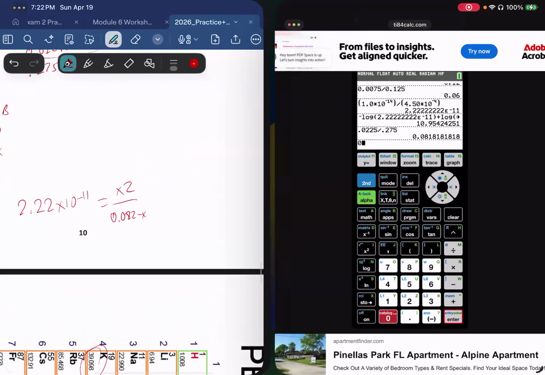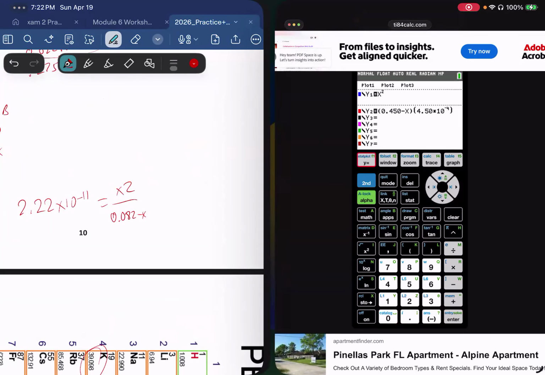Right? And then we have to put this into the calculator. So let's put this there. We do 0.082 minus X times 2.22 times 10 to the negative 11. Let's check if everything's right. That looks right.